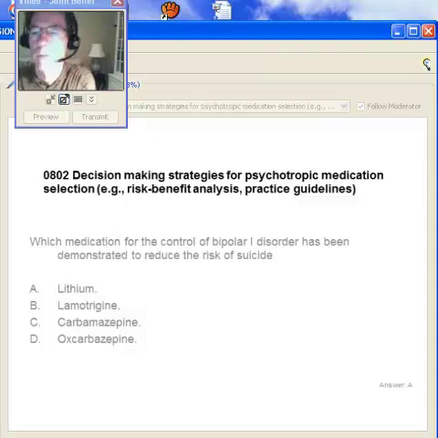Diversity factors, this is what it's all about. This is a new category. The impact of diversity factors, for example, ethnicity, age, gender, role, culture, disability, and socioeconomic factors on research, assessment, diagnosis, and treatment. Some of this has already been discussed, but we have these genetic differences in drug metabolism and clearance.